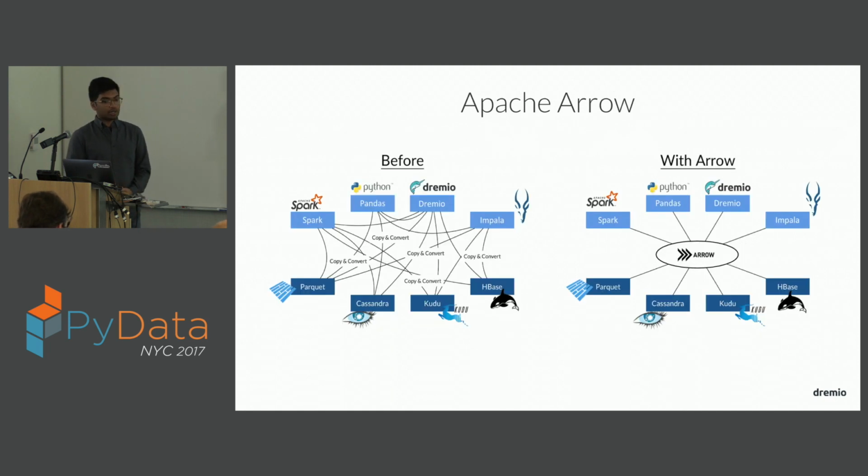And so for system communication across all the services you have in your company, instead of copying and converting between any two systems, it would just be, hey, we all speak the same language internally and externally, so we can just agree on how the data looks.